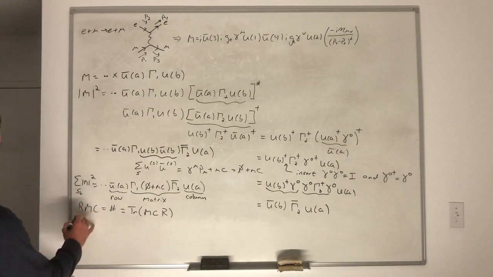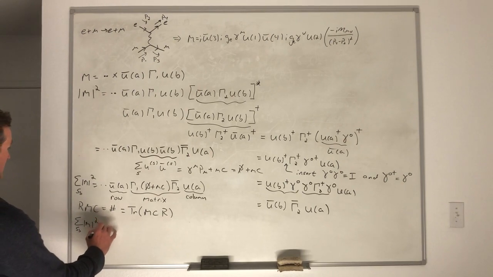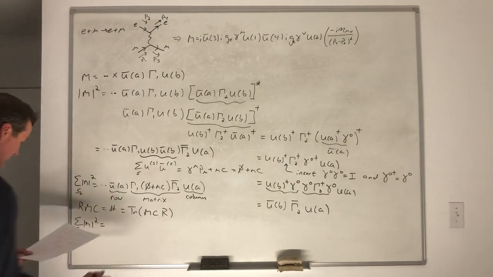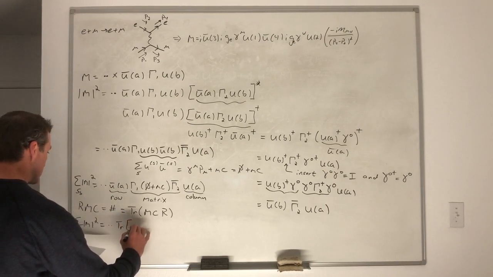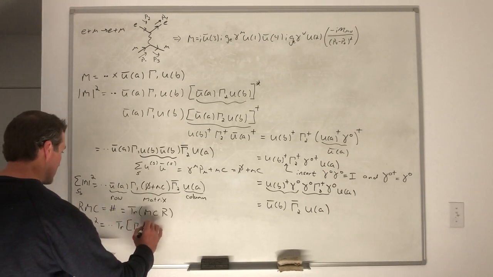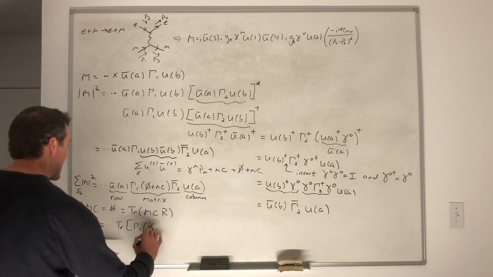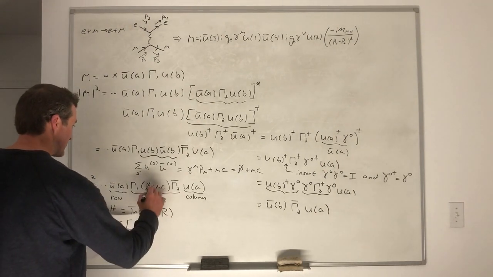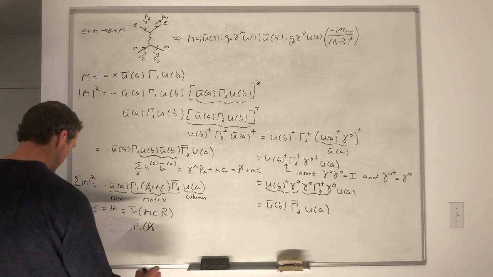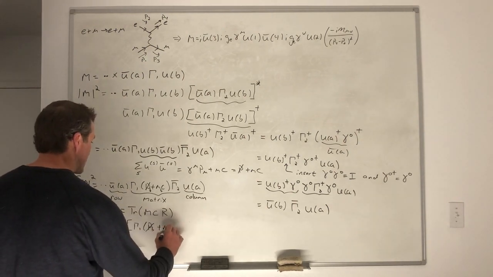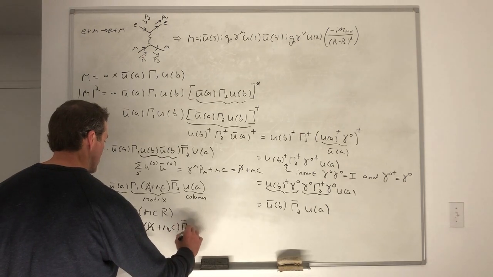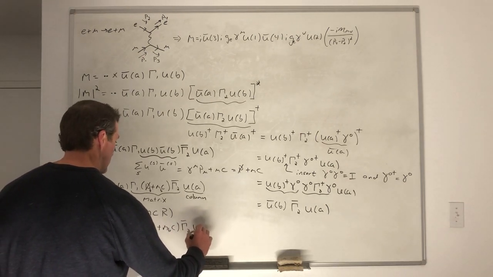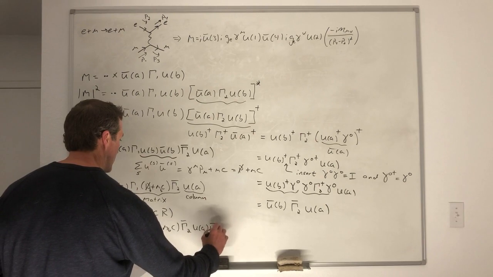Now I can take this and I can rewrite it using this fancy trick as gamma 1 PB slash, sorry, this should be B, that should be B, plus MBC, gamma bar 2, U of A, U bar of A.